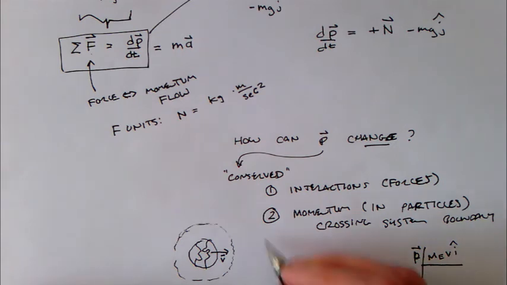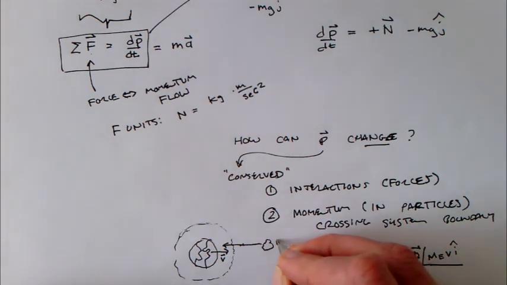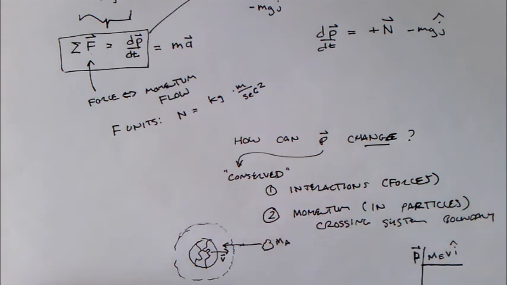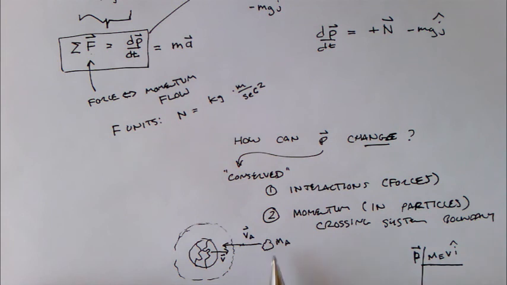Now let's imagine there's an asteroid that comes along. Well, what happens to this system when that asteroid crosses the system boundary? Well, the asteroid has some mass, m sub a, and it's got some velocity, v sub a. So depending on how you define your system boundary, what happens is that the momentum of the system changes.